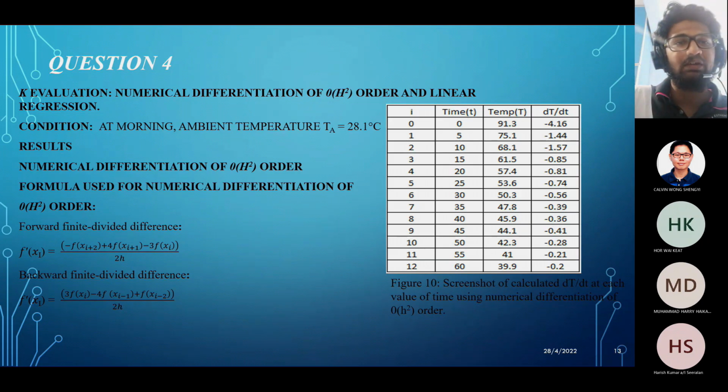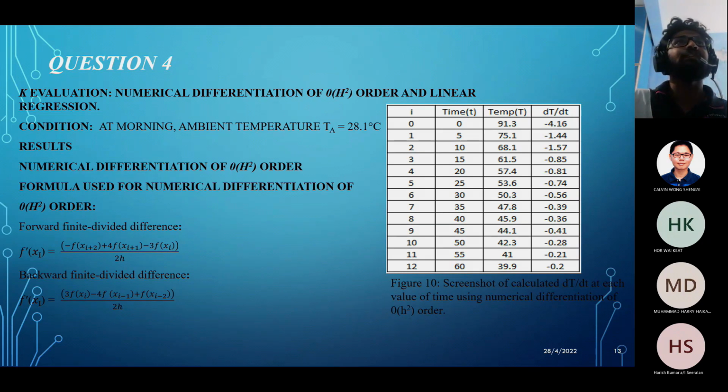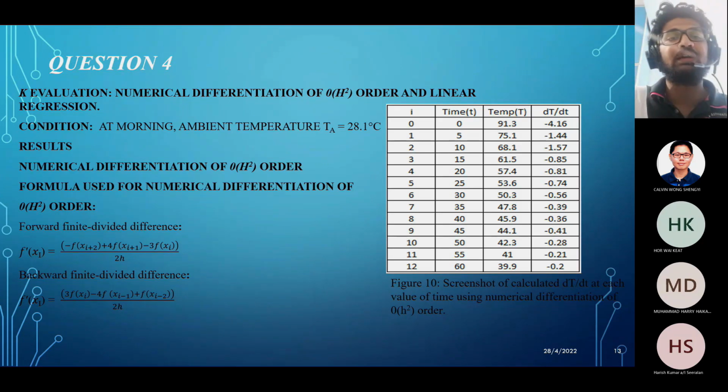The formula we may be using is numerical differentiation of O(h²), second order. Another formula we'll be using is linear regression. The first formulas we can see now are forward finite divided differentiation and backward finite divided differentiation. On my right hand side there will be a table.